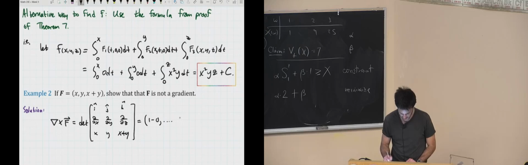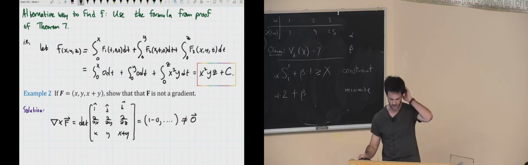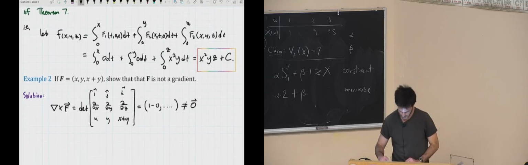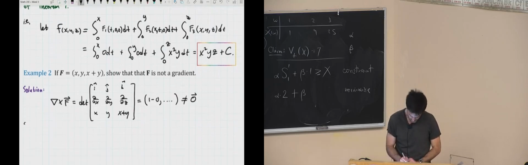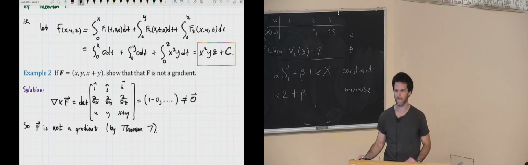Some other stuff, actually, we already know it's not 0. I don't even care what the rest of it is. It's not 0 because I can already tell the first component's not 0. Okay.